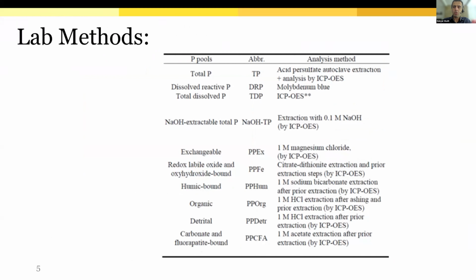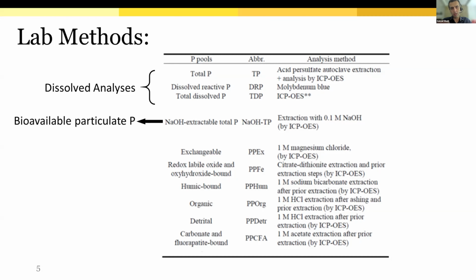In the lab, we measure a suite of phosphorus. Dissolved analyses give us total phosphorus, dissolved reactive phosphorus or DRP, and total dissolved phosphorus or TDP. Among them, DRP is the readily bioavailable form. Within the particulate phosphorus pool, we measure bioavailable fraction by sodium hydroxide extraction method.